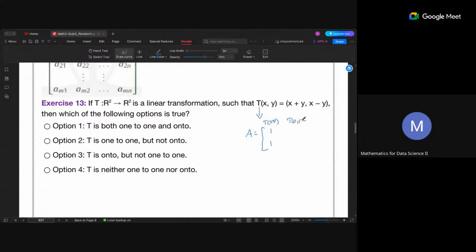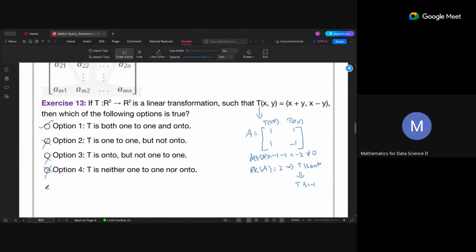T of (0, 1) is (1, -1). Now, is this matrix invertible? Yes. So you know that the rank of A is 2, so T is onto. If T is onto, you know that T is one-to-one, because T is from R2 to R2. So it is both one-to-one and onto.